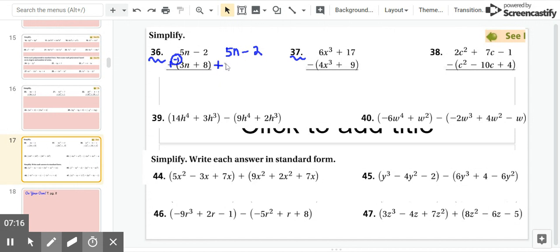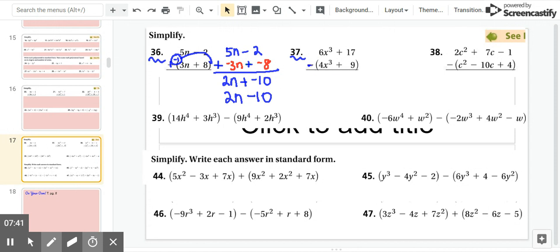So it's going to be -3n and plus -1 times 8, which is -8. I know you guys know how to add. So what's 5n minus 3n? 2n. What's -2 minus 8? -10. So you can also write this as 2n minus 10.